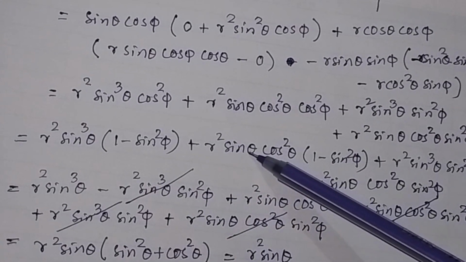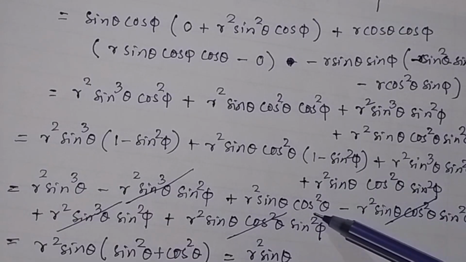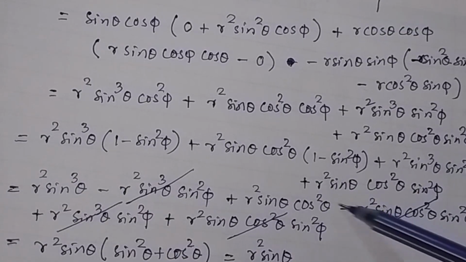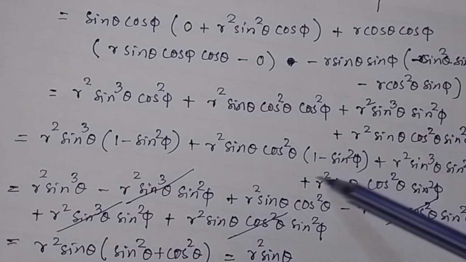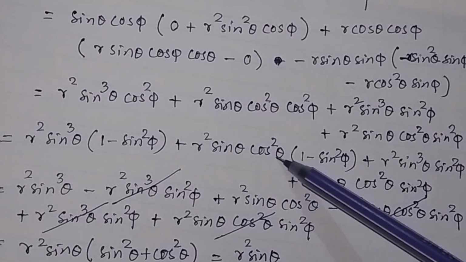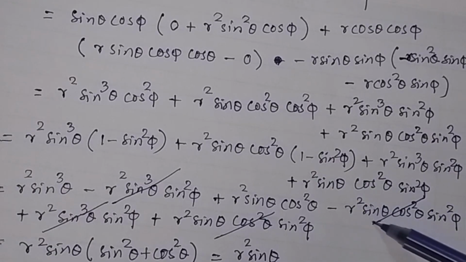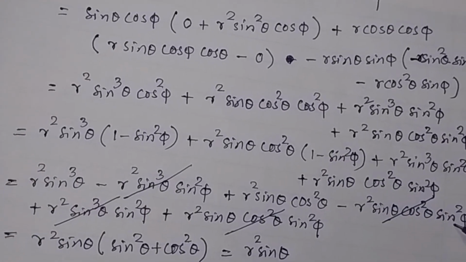Then r square sin theta cos square phi, if you multiply, gives r square sin theta cos square theta minus r square sin theta cos square theta sin square phi.